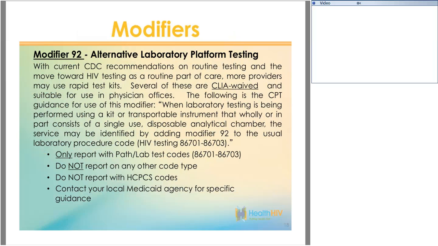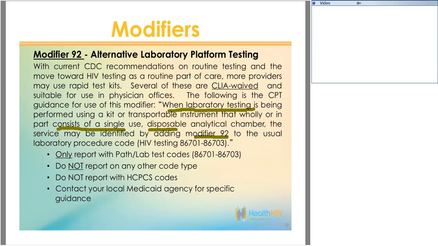The first modifier that we're going to look at is Modifier 92. Modifier 92's description is alternative laboratory platform testing. For the purposes of the definition, when a laboratory test is being performed using a kit or transportable instrument that wholly or in part consists of a single-use disposable analytic chamber, the services may be identified by adding Modifier 92.